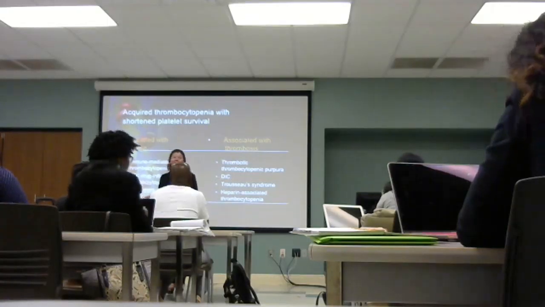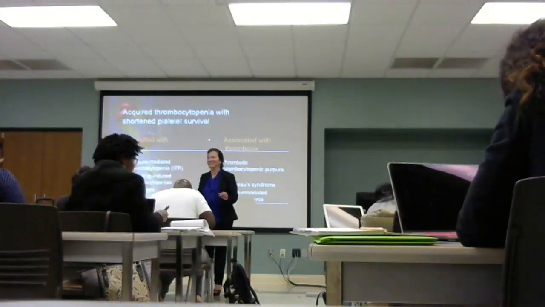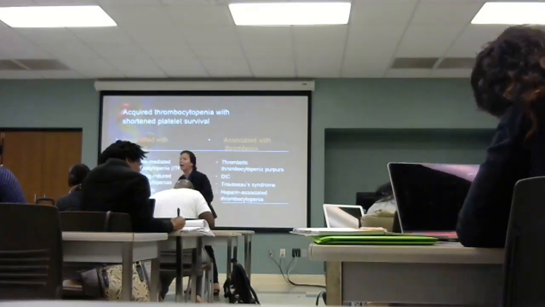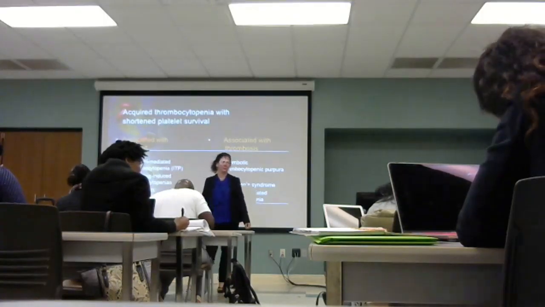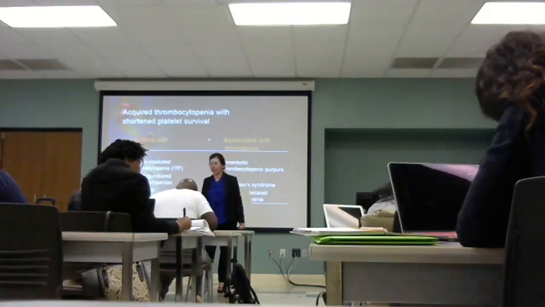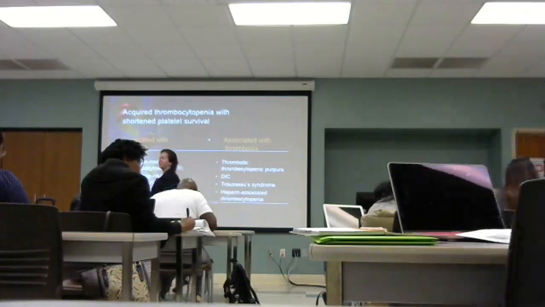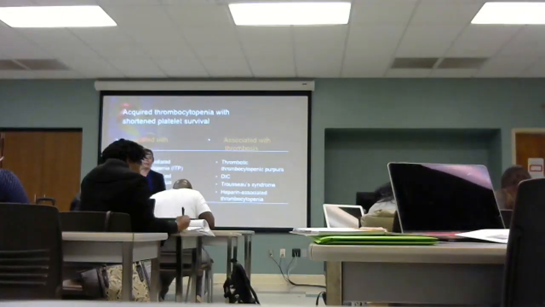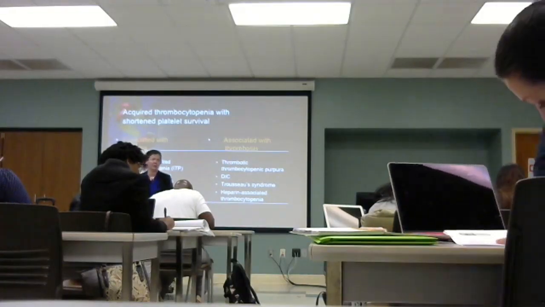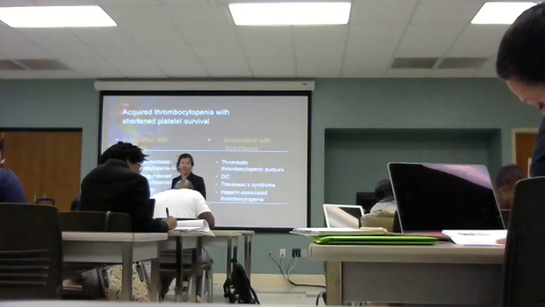The patients have a normal platelet count, but the factors necessary for the platelets to work are deficient. Which ones are those? Von Willebrand factor or glycoprotein 2B3A. So that means that the platelets are worthless. They have no mechanism of action. And that's the reason why the patients bleed. Okay?